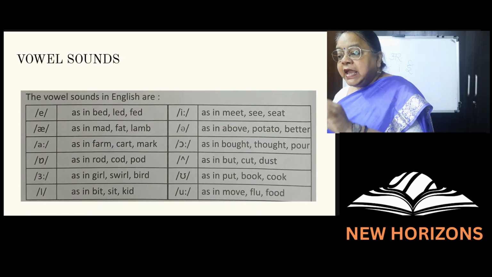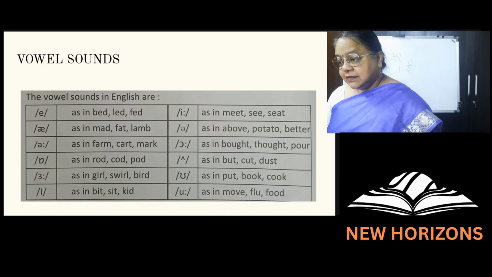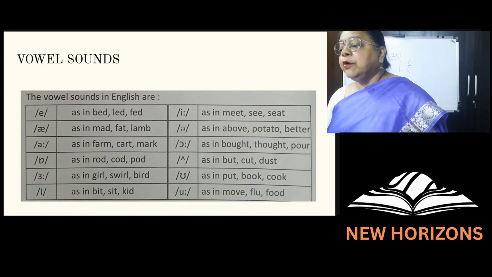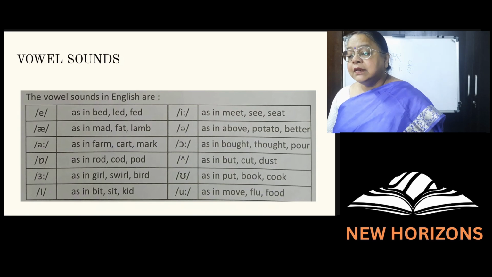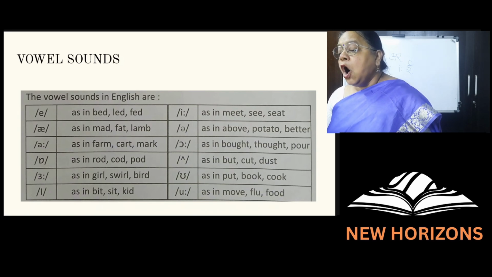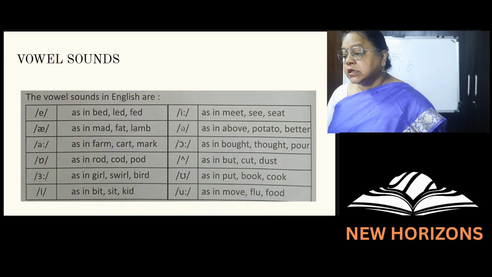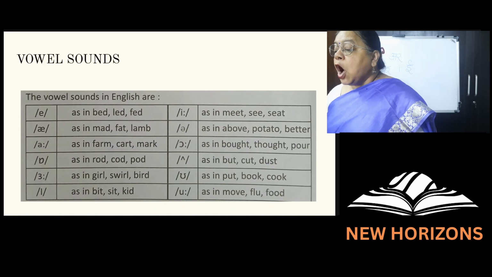Isn't it making your learning of spellings easier? Understood? So this is uh: above, potato, better. The next one is aw. That was rod, cod, pod. This is aw: bought, thought.